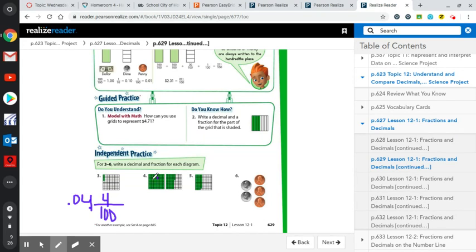We could look at number 4 too, right? You have one whole one covered in. So there's one whole, and then this one over here is going to be the fraction. Count up how many green squares you have colored in. I'll give you a minute, okay? Count by tens and then add the ones.